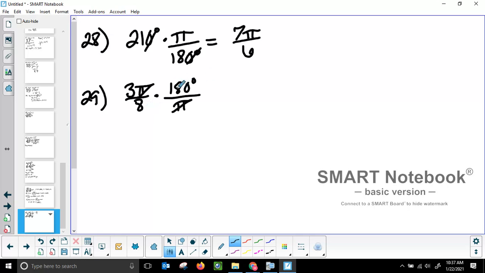Yes, 4 would go in here 45 times. 4 would go in here 2. So 3 times 45 is 135 over 2, which is going to be 67.5. So 67.5 degrees.